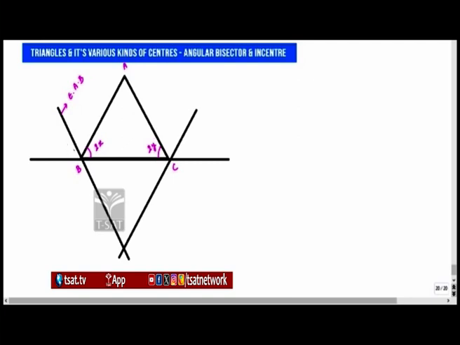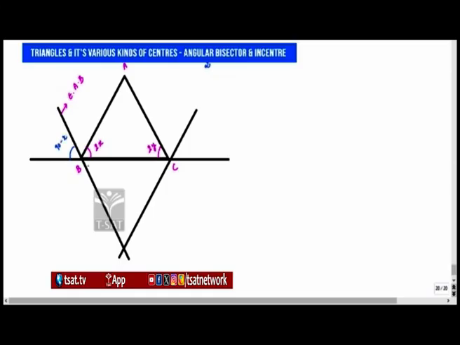This whole angle is 180 minus 2x, the remaining angle outside. If you divide it by 2, it becomes 90 minus x. Therefore, this angle is 90 minus x.